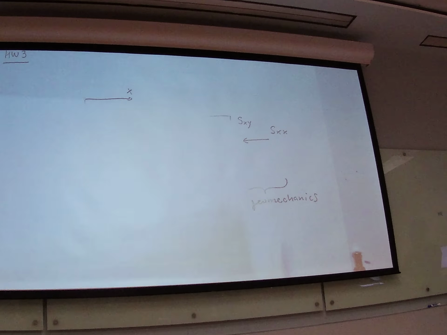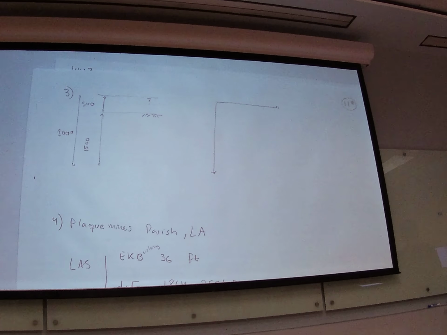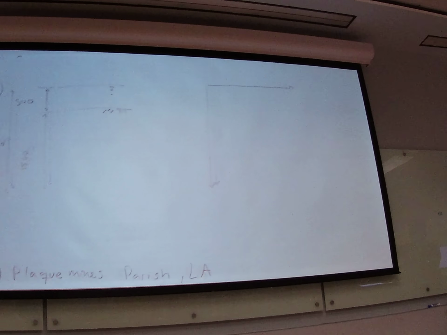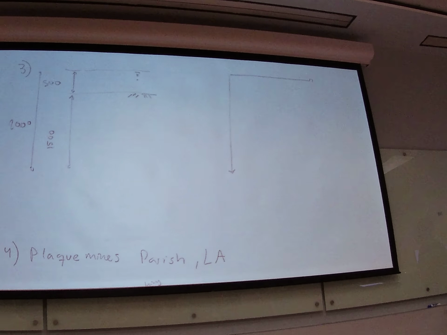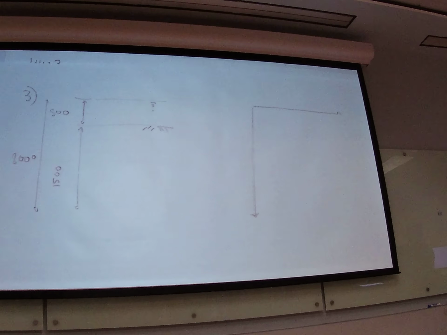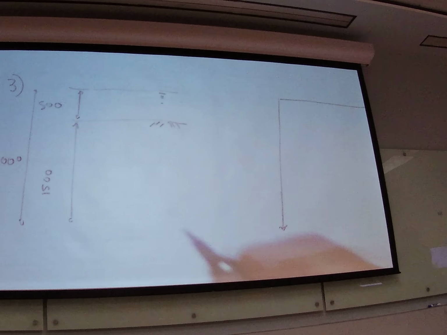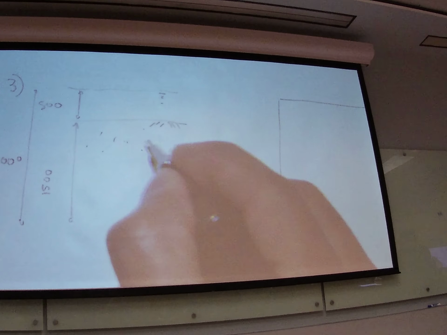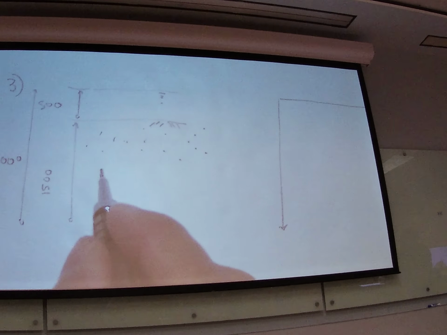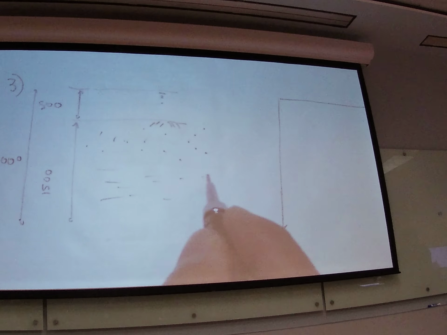Okay, so in problem number 3, you have something like this. You have water, you have the seafloor, there is a region which is sandy, and there is another region which is clay and sand.